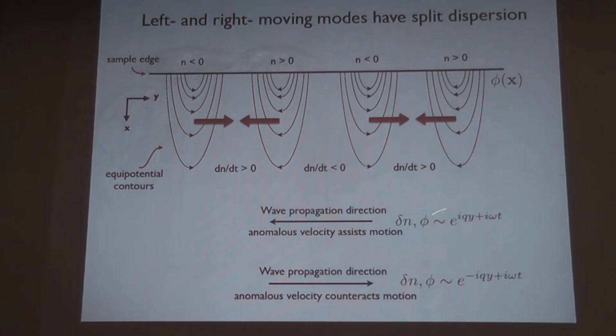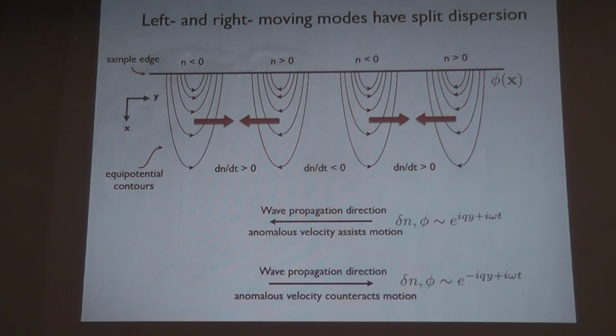And so I'm allowed to now think about two different kinds of plane waves, one propagating to the right, one propagating to the left. And I'm going to say, how does anomalous velocity now alter the velocity or the frequency of these plasmons? Well, if anomalous velocity is pointing to the left, then for this wave propagation direction, the anomalous velocity assists the motion.